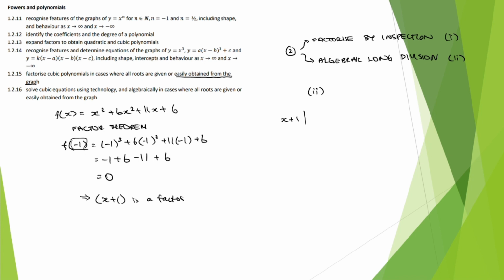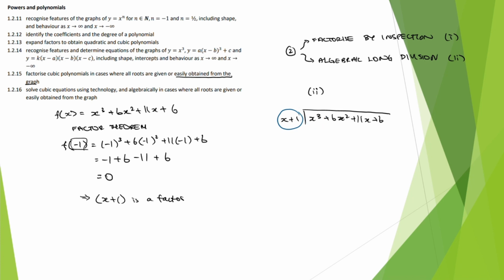What we do here is we have our x plus 1 as our factor, and we're dividing x cubed plus 6x squared plus 11x plus 6 by x plus 1. And so the first thing I want to do, just with normal long division, is we look at our highest value here, and we try to find how many times this value goes into that value.